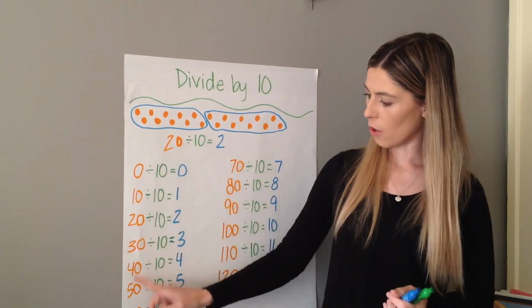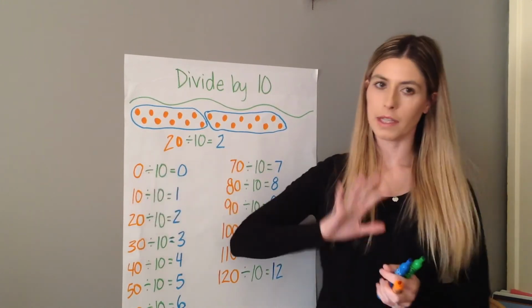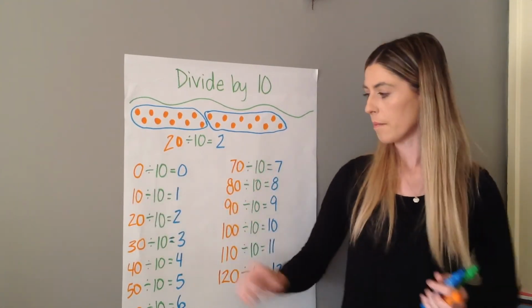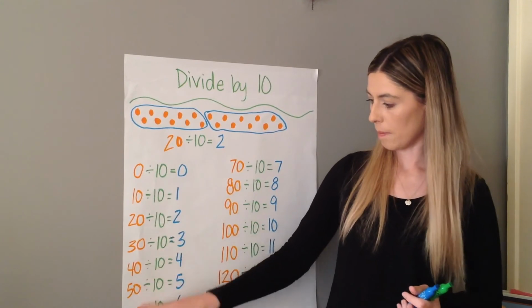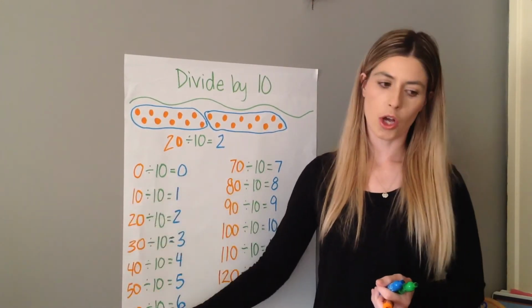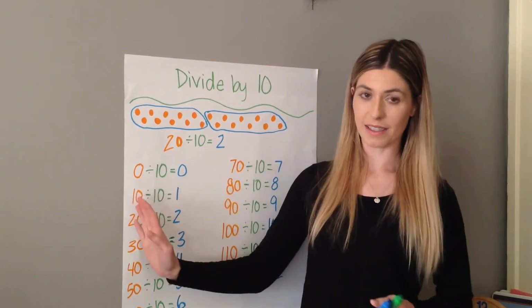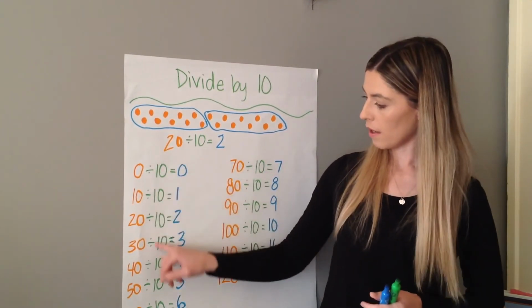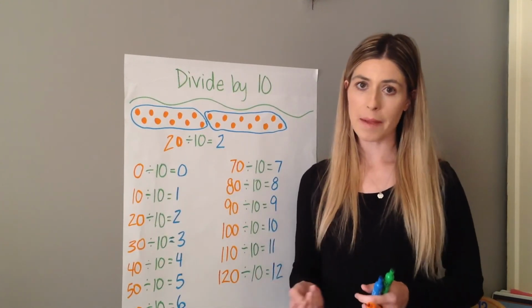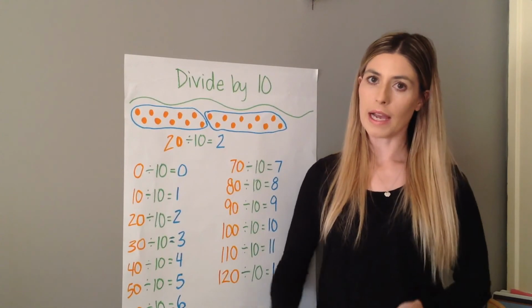The first one is always the biggest, or sometimes the same. 0 doesn't really count because it's just its own category, but usually the number is bigger than the number you're dividing by, and that number is called the dividend. It's the dividend, so it's on the end. Then this number is the number we divide by, and it's called the divisor. It's the number we always divide by.